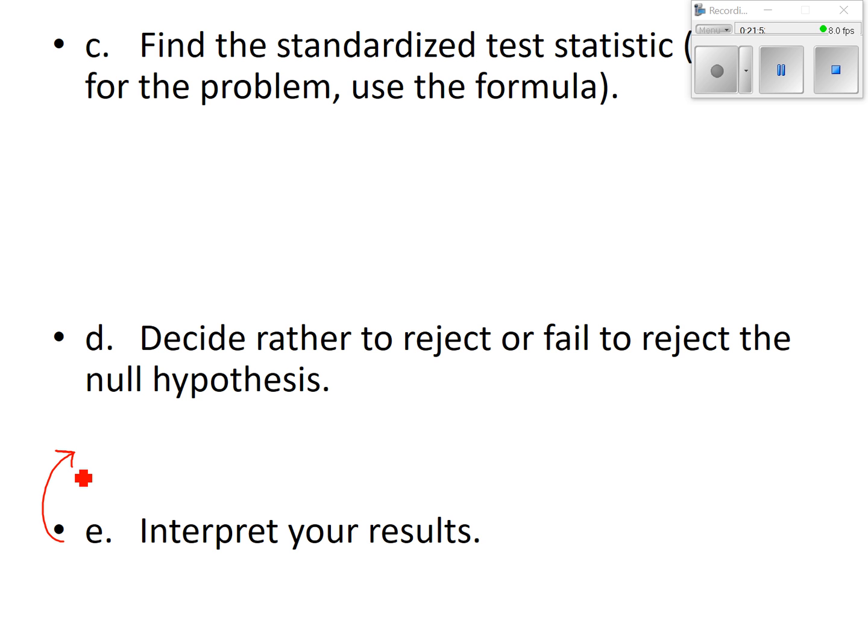So our first sentence, the first part of the sentence, we say with, what was our alpha? So with a 1% level of significance, that's the first part of our sentence. Second part comes from the chart, and every one of them starts with there, so I always write there.